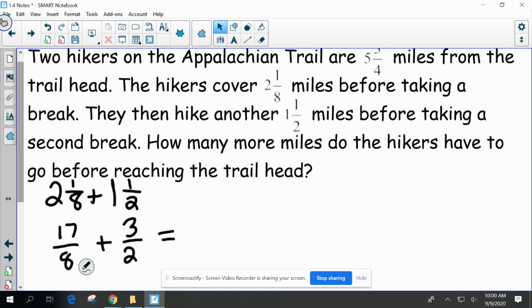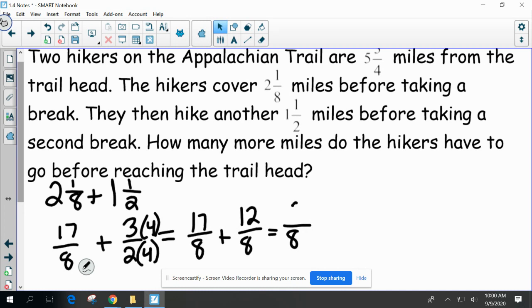So I would actually not have to change 17/8. I would only have to convert 3 halves. So I'm going to multiply by 4. So 17/8 is going to stay the same. And then 3 halves is going to become 12/8. And then I need to put those together. So I so far have hiked 29/8 of a mile.